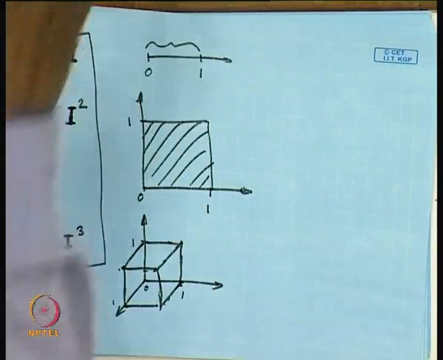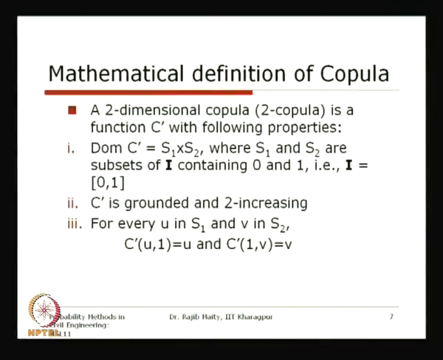So when we talk about the domain of this C, it is a subset of this I, the square of 0 to 1 in each direction. This is the domain of this function, that is, of the copula.